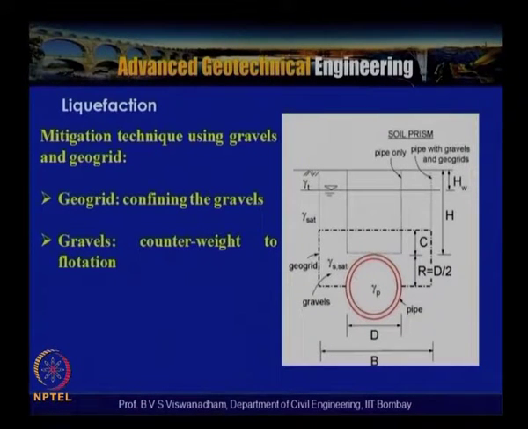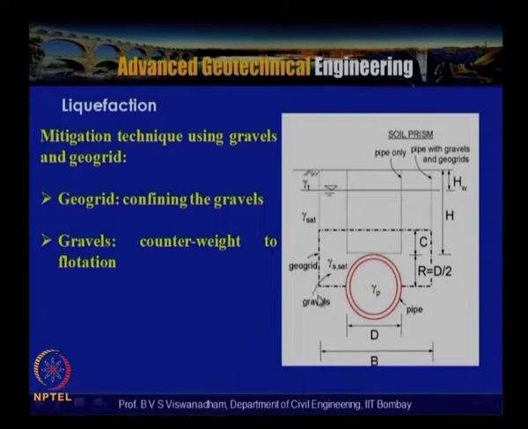So, there are many methods to restrain the liquefaction effect on buried pipes. Some investigators like Ling et al. are working on the use of geogrids for confining the gravel. That means placing gravel around the pipe, which is confined with a geogrid. Some resistance offered by the geogrid is also considered in the analysis.